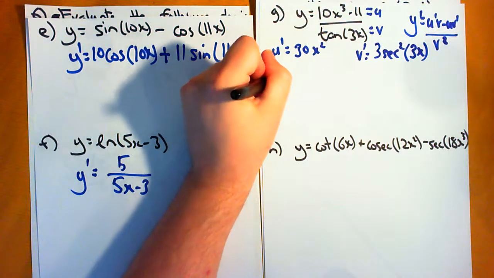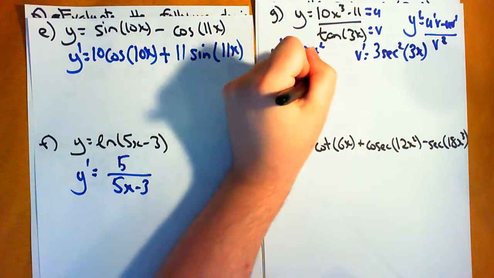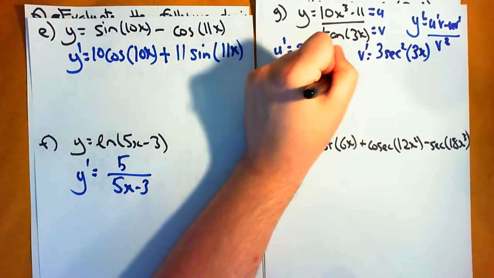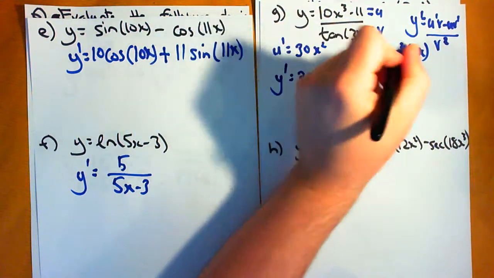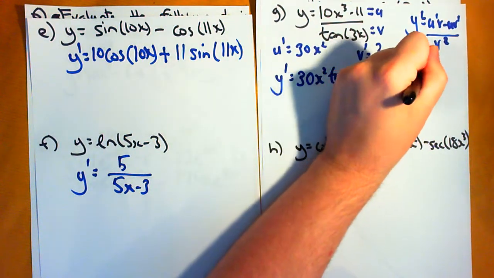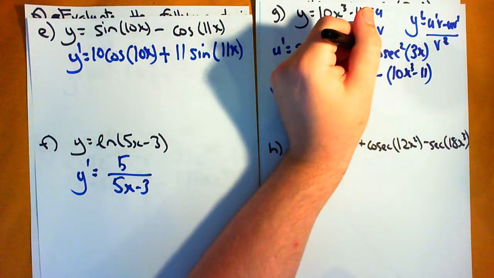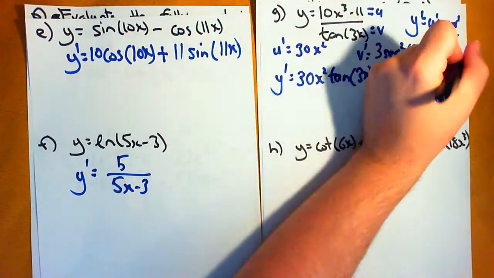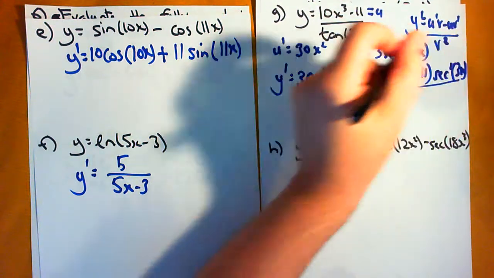Okay, so y dash is u dash, which is 30 times x squared, times v, which is the original bottom, which is tan of 3x, minus u, which is 10x cubed minus 11, the original top line of the fraction, times v dash, which is 3 times sec squared of 3x, and that whole thing is divided by v squared.